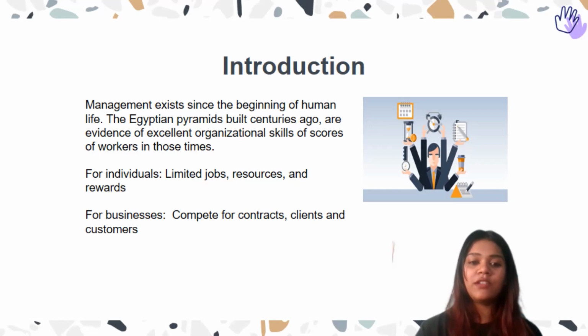Individuals have limited job opportunities, resources and rewards, so they have to manage their resources in a manner that lets them get a particular job, if we take the example of jobs in society.